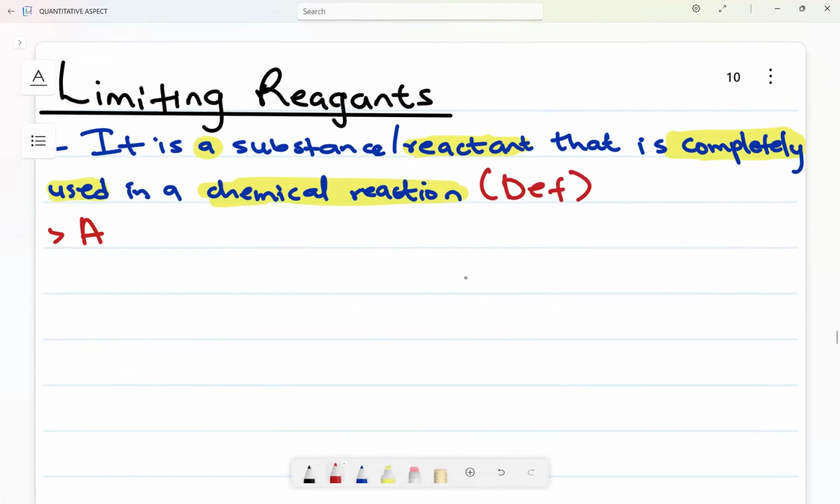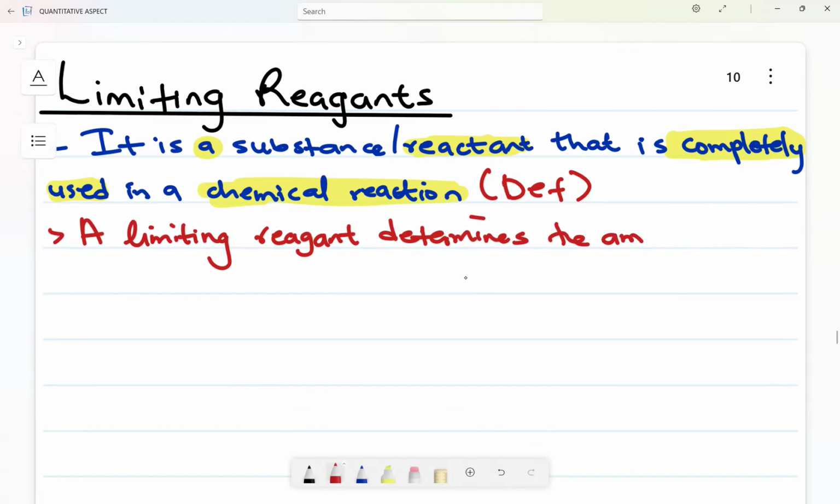What does a limiting reagent do? A limiting reagent determines the amount of products formed.